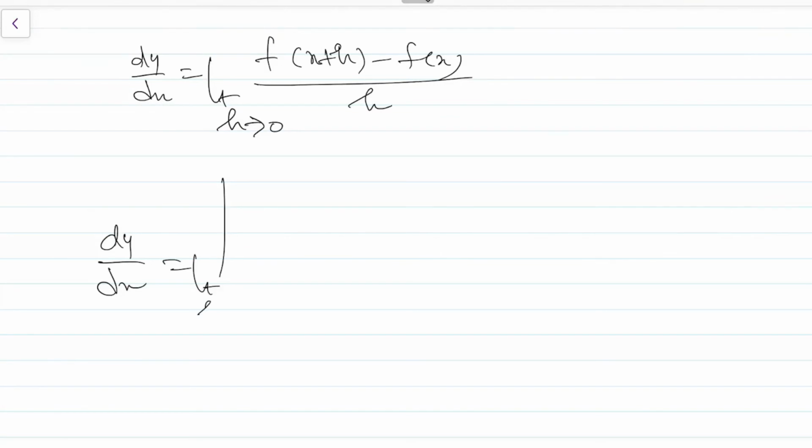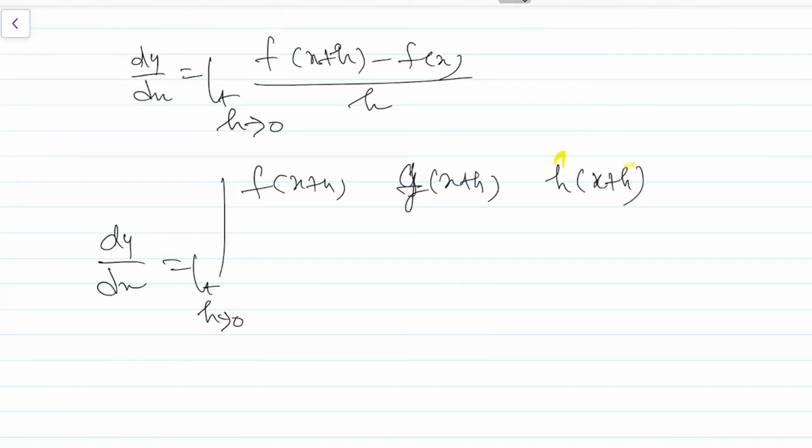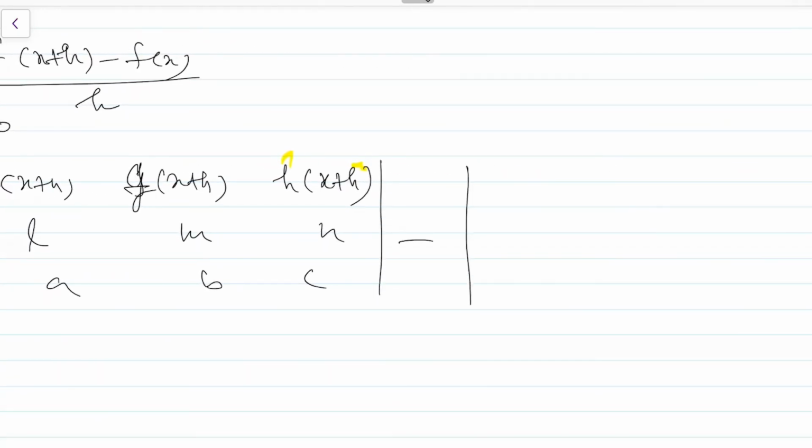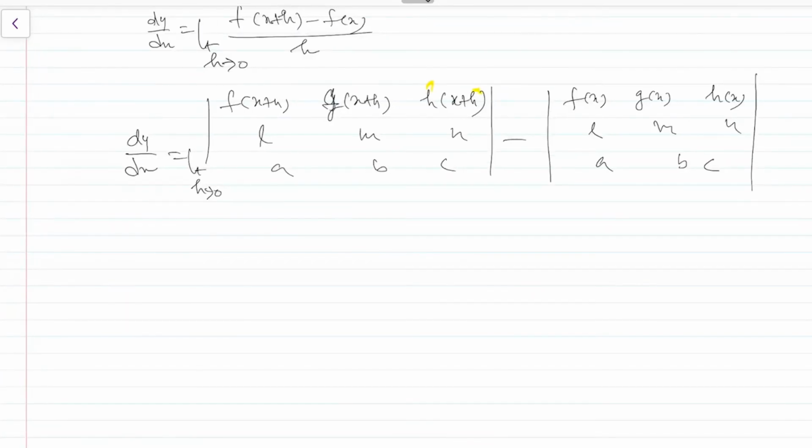Now limit h tends to 0 of the determinant with first row f(x plus h), g(x plus h), h(x plus h), now this h and this h are different, and rows l, m, n; a, b, c, minus the determinant with first row f(x), g(x), h(x) and the same rows, divided by h, applying the definition of the derivative.